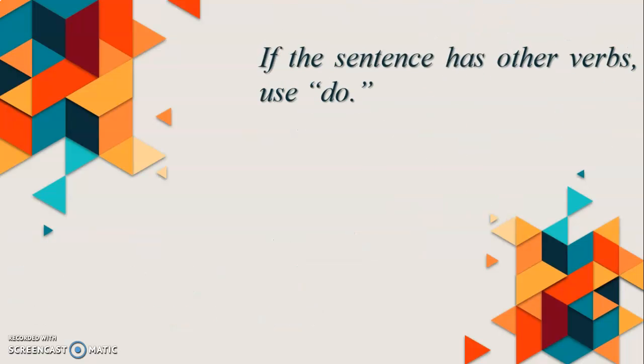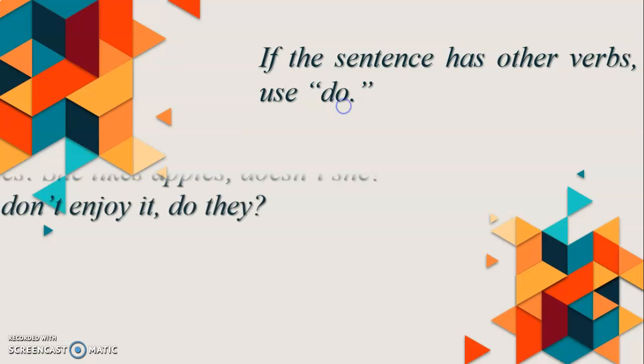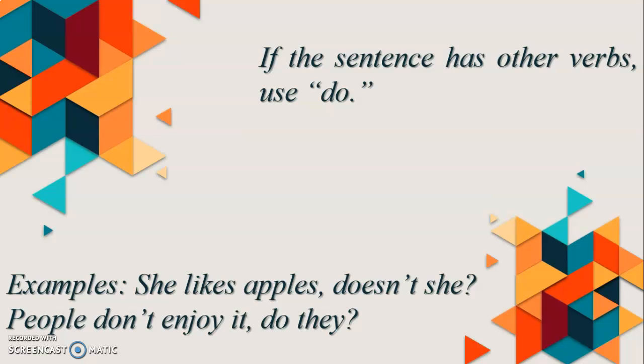Now, there are certain things to take into account, such as if the sentence has other verbs, we must use do. For example, she likes apples, doesn't she? Okay. In here the verb is likes, and we use doesn't because doesn't goes with she.